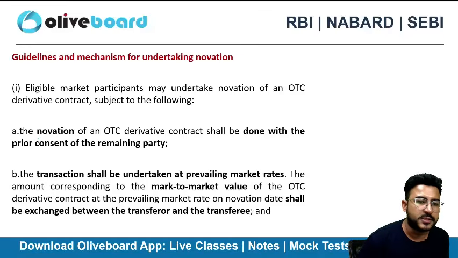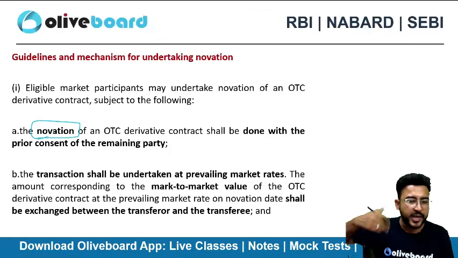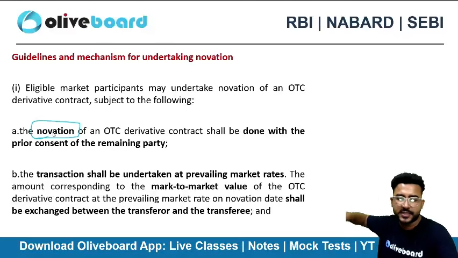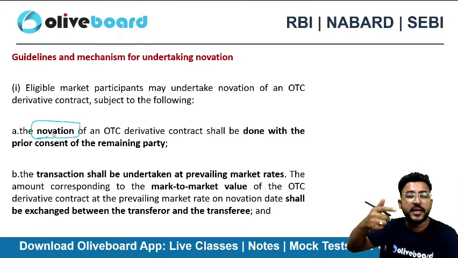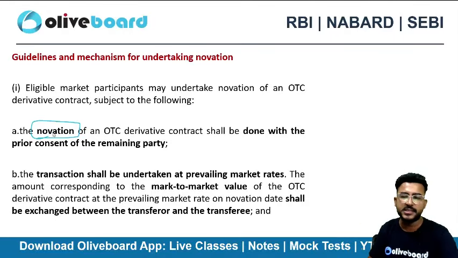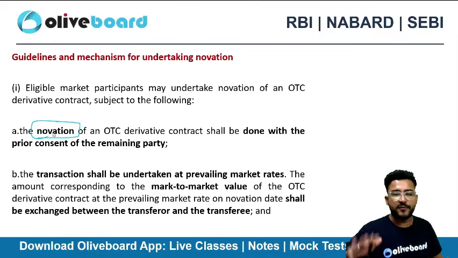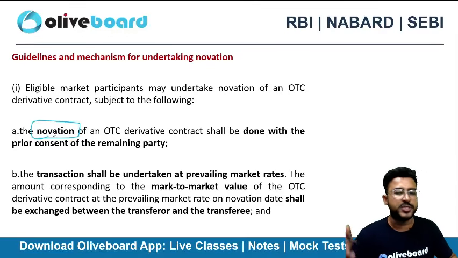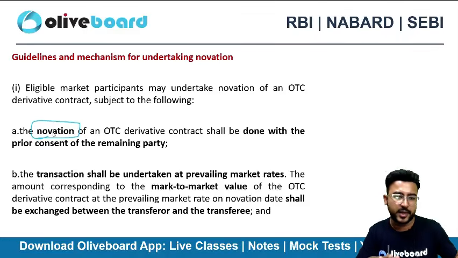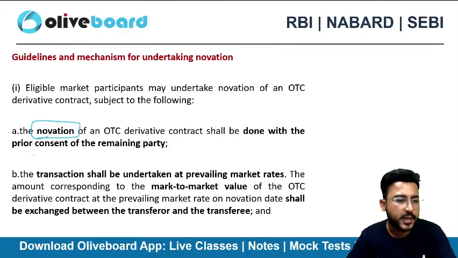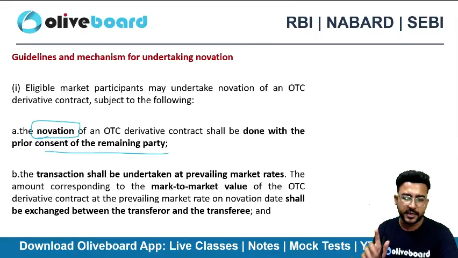Now, because we are doing a novation, I am going out and Sudarshan is coming in this particular contract. So we need the consent of the remaining party. That means we need the consent of Bhakti here, whether she is fine or not with this contract, because she will be the remaining party, right? So consent of the remaining party is quintessential here. It's very, very important.